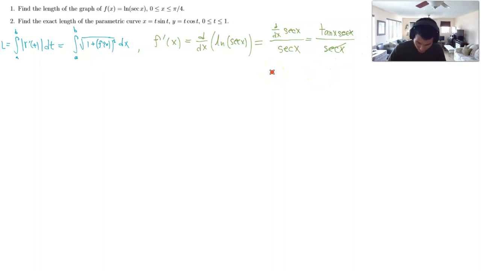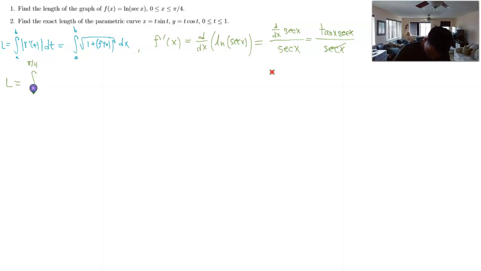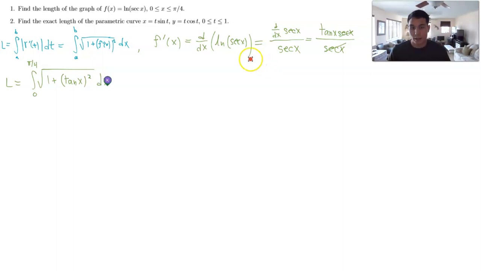Okay, so now our integral for the first one is L equal to, well, not really B to A anymore. We don't have to worry about B to A. We should worry about pi over 4 to 0. And then we put the square root, and then we have 1 plus tangent x squared dx. Okay. Well, look at that. What do you guys think that is?